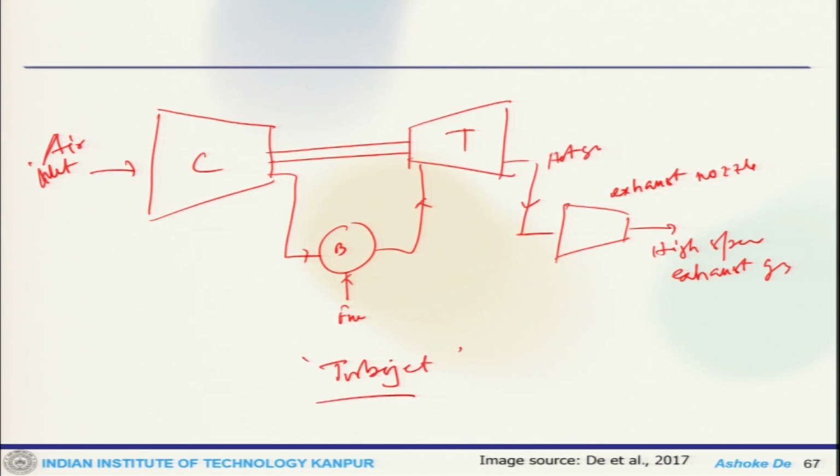Similarly, you can see the turboshaft engine, or turboprop engine, or turbofan engine. One can draw that schematic. There is a fan sitting there which is connected with a compressor, which is connected with a shaft and turbine. This is your burner, fuel comes in, this is air.